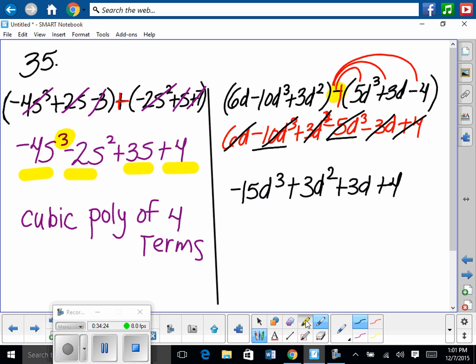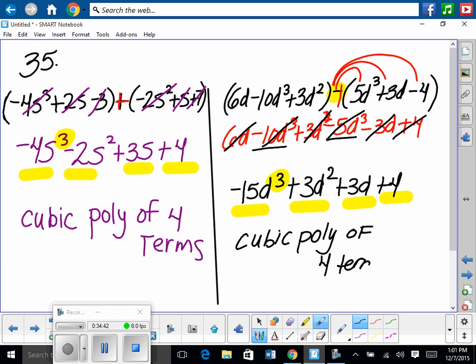So I've combined like terms. It's in standard form. I name it by highest degree and then number of terms. So this one also is a cubic polynomial of 4 terms. Cubic poly of 4 terms. Okay, that should do it.